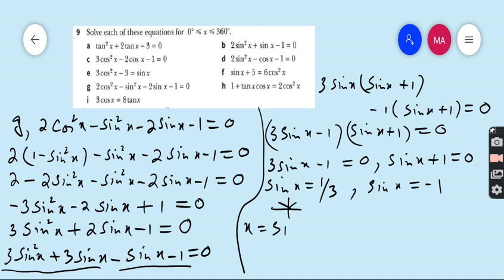So x is equal to sin inverse 1 upon 3, and sin inverse 1 upon 3 is 19.5, correct to 1 decimal place, and for the second quadrant we must subtract this value from 180. 180 minus 19.5 is 160.5.